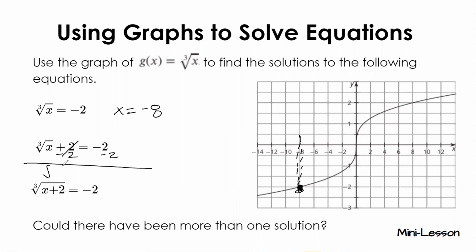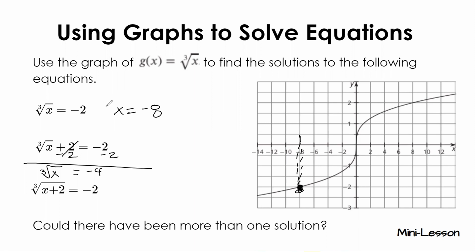And so we're going to have the cubic root of x is equal to negative 4. So now we have our function is equal to a number. So we're going to look at when y is negative 4, what is our x? Well, that's off the page, right? So is there another way that we can kind of figure this out without having to graph it?